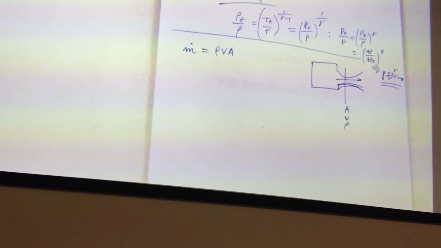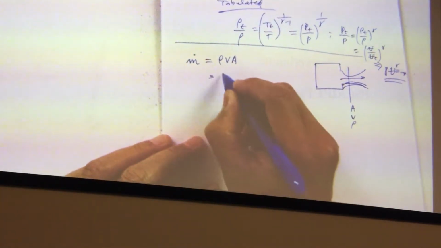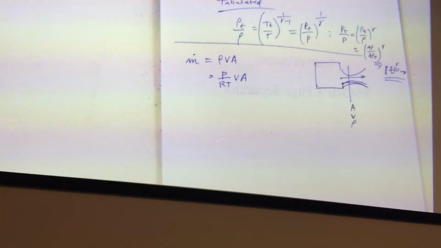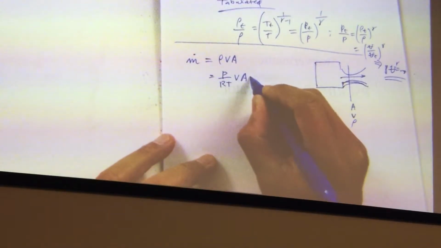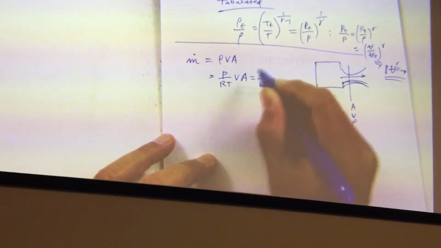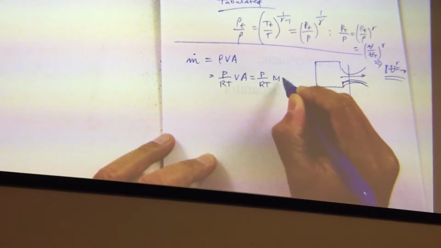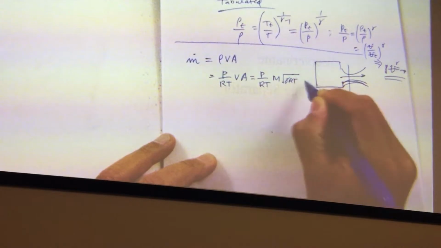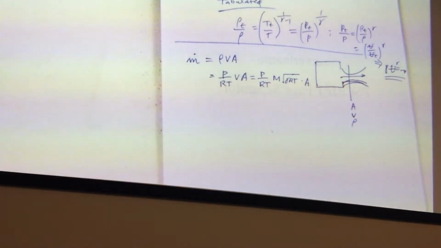So this will be equal to P over RT times V A. But V is equal to the Mach number times the speed of sound, square root of gamma RT, times M. Because the velocity at any point is equal to the Mach number times the speed of sound.